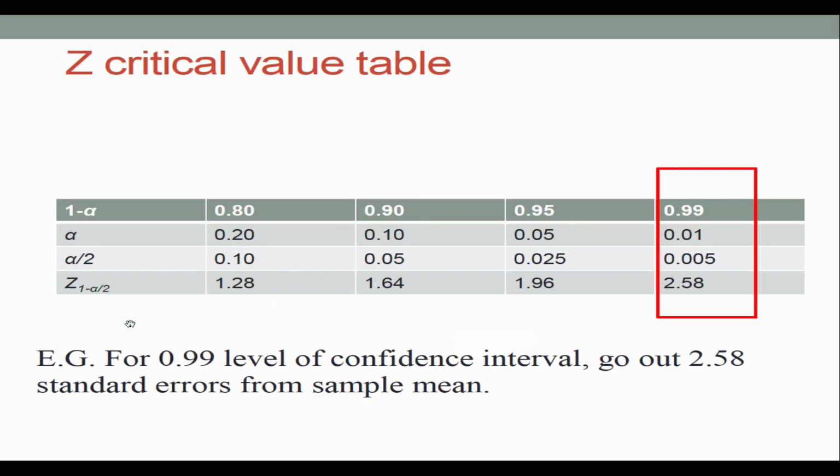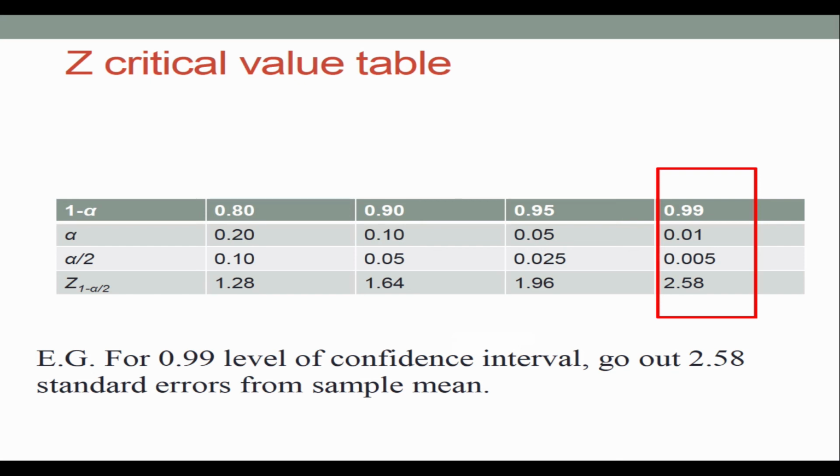So here I summarize all of those commonly used z critical values in this table. Usually the 95% confidence interval is the conventional one people use in research or in publications. We always report the 95% confidence interval.